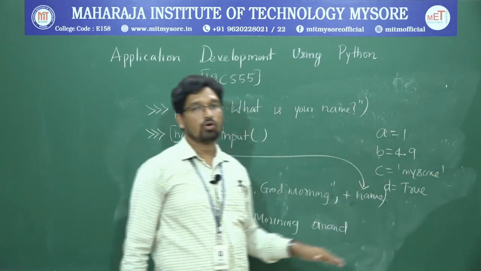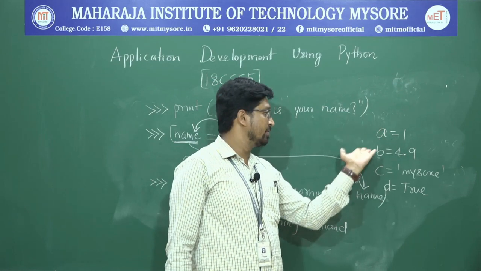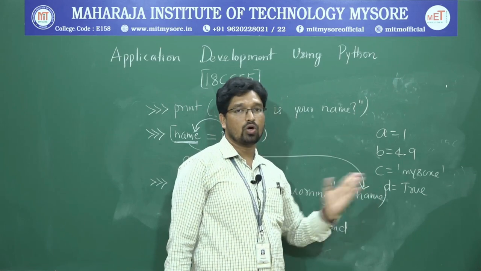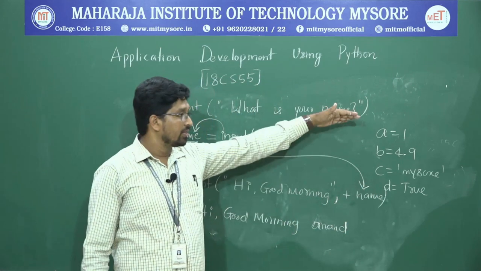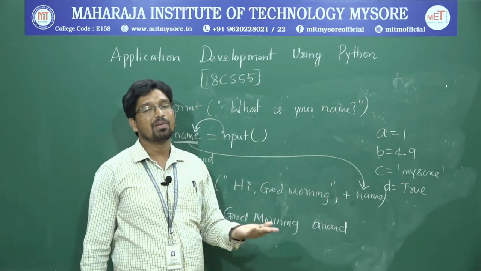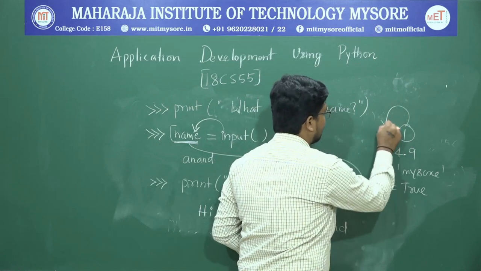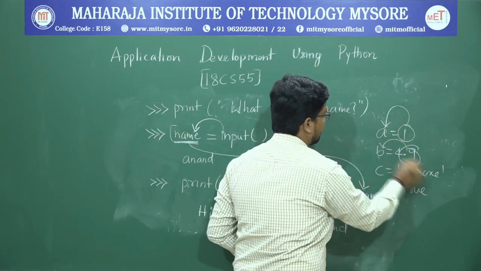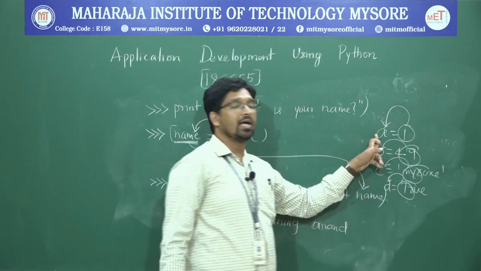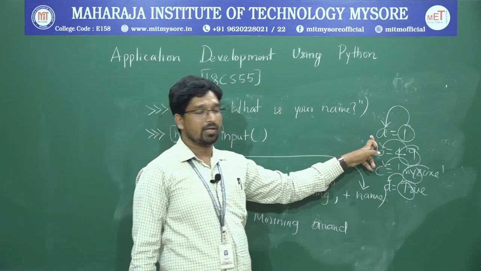I have taken 4 values. Nowhere am I mentioning that A is an integer, B is a float, C is a string, D is a boolean. Nowhere am I mentioning the data type of the variable. This is the concept called dynamically typed language. Based on what kind of data you are storing into a variable, that data type is automatically generated by the Python interpreter.